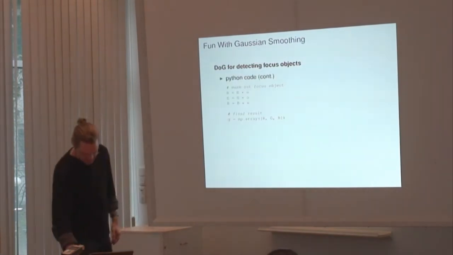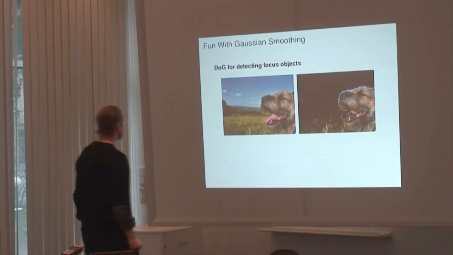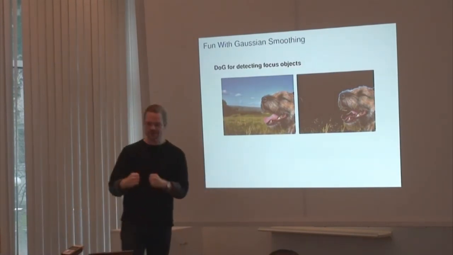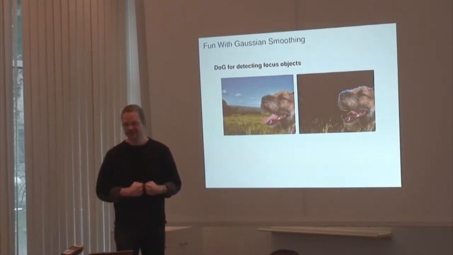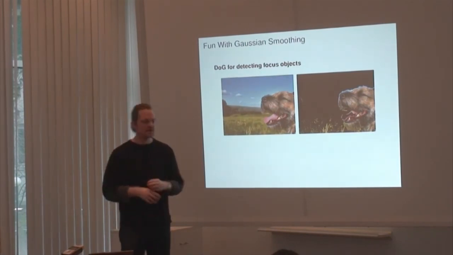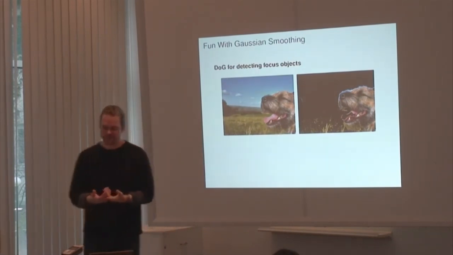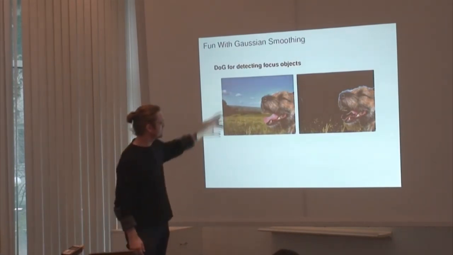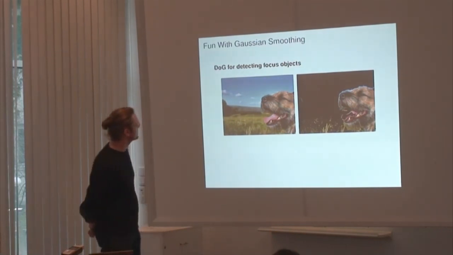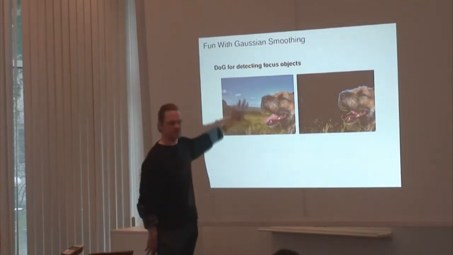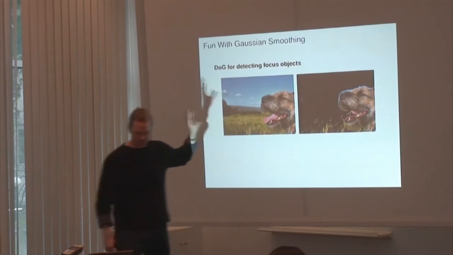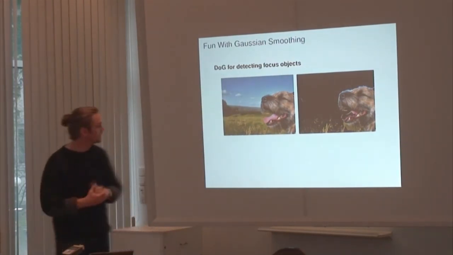The bad thing about all of this is that things are not so easy. You might be tempted to believe, okay, now I know how to determine foreground objects. Look at this. Here we have another scene with a funny dog in the foreground, and the dog is much sharper than large parts of the other parts of the image.